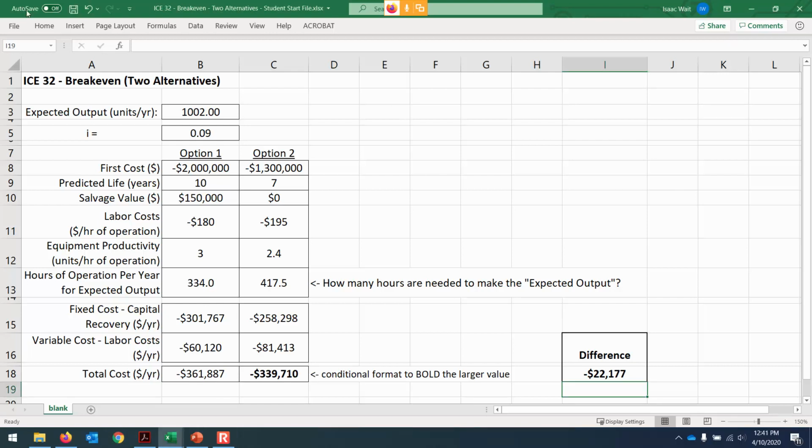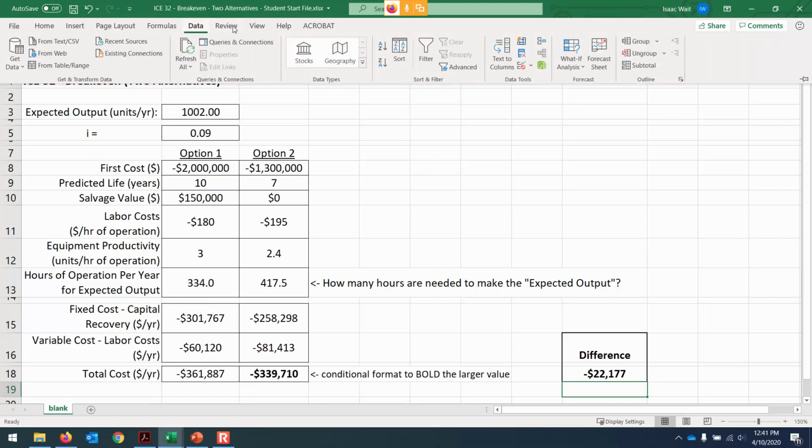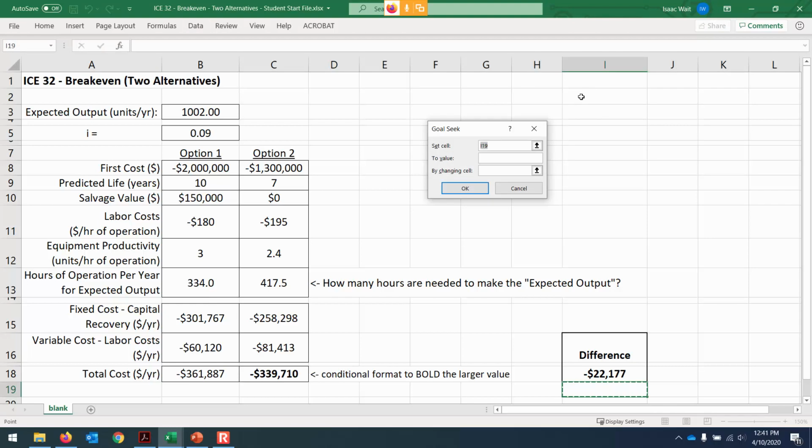Alright, so data, what-if analysis, goal seek, and we want this difference to be equal to 0 by changing the number of units that are being generated.